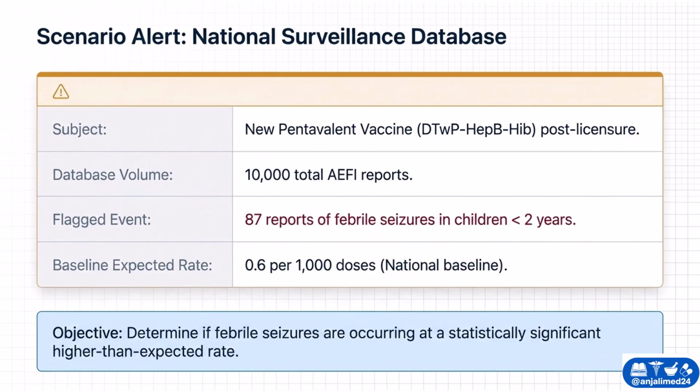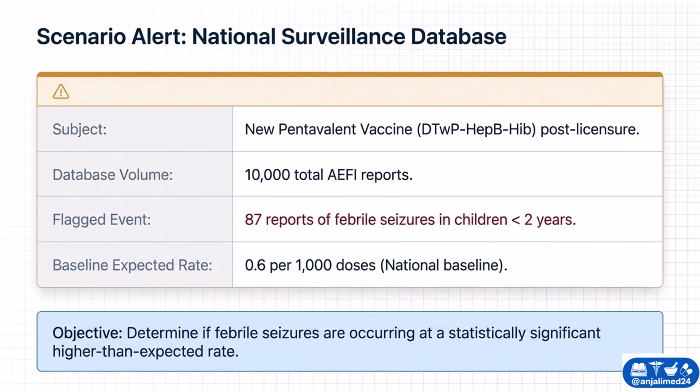The most important question is whether this observed number exceeds the expected national baseline incidence, which is approximately 0.6 cases per 1,000 doses administered. At this stage, the signal is not automatically considered causal. Instead, it becomes a statistical alert requiring further pharmacovigilance analysis.